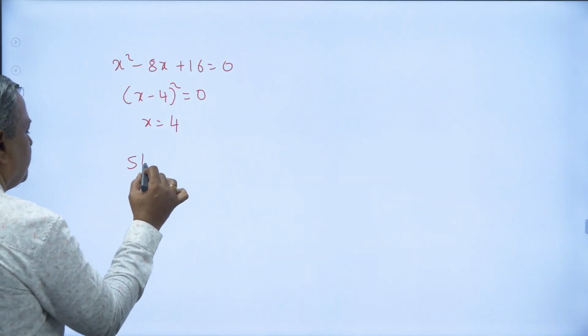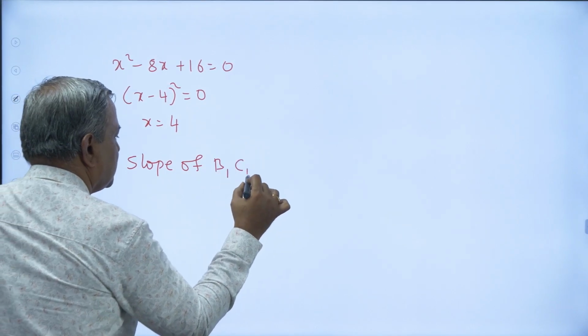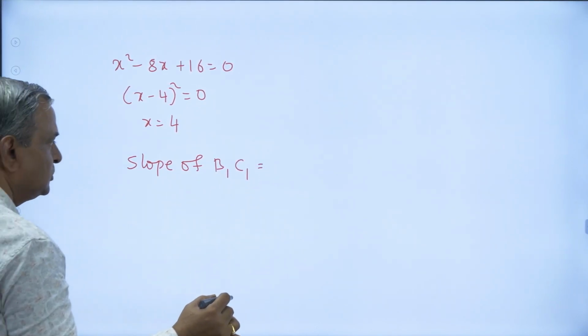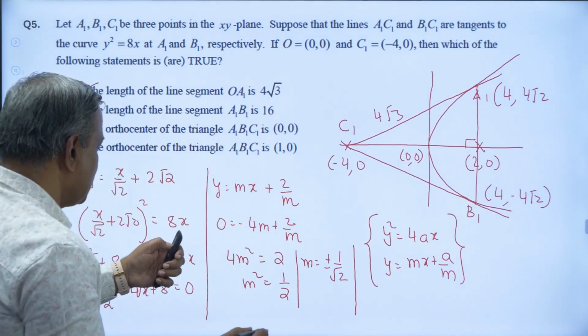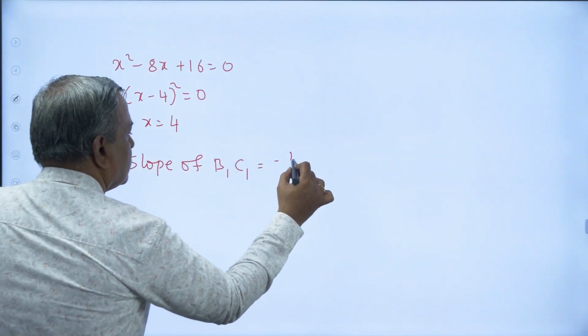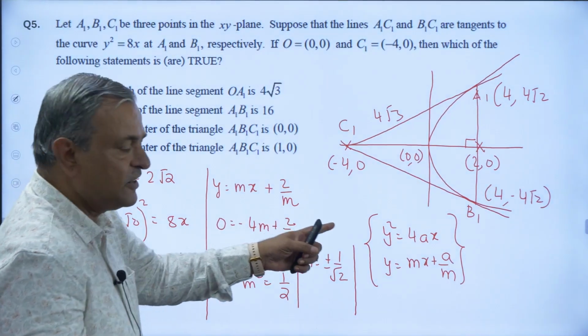Slope of B1 C1 is equal to minus 4 root 2 minus 0, minus 4 root 2, divided by 2 minus 5, 1.